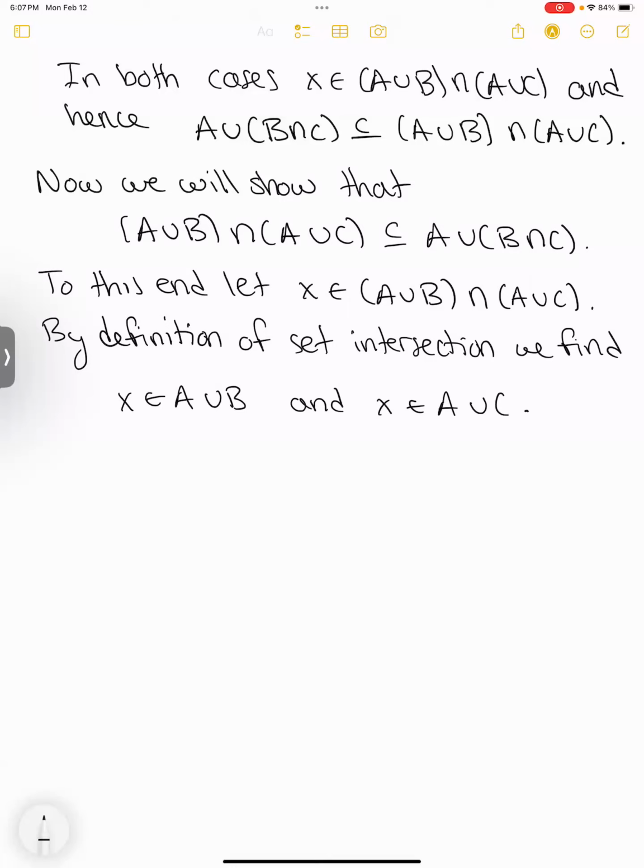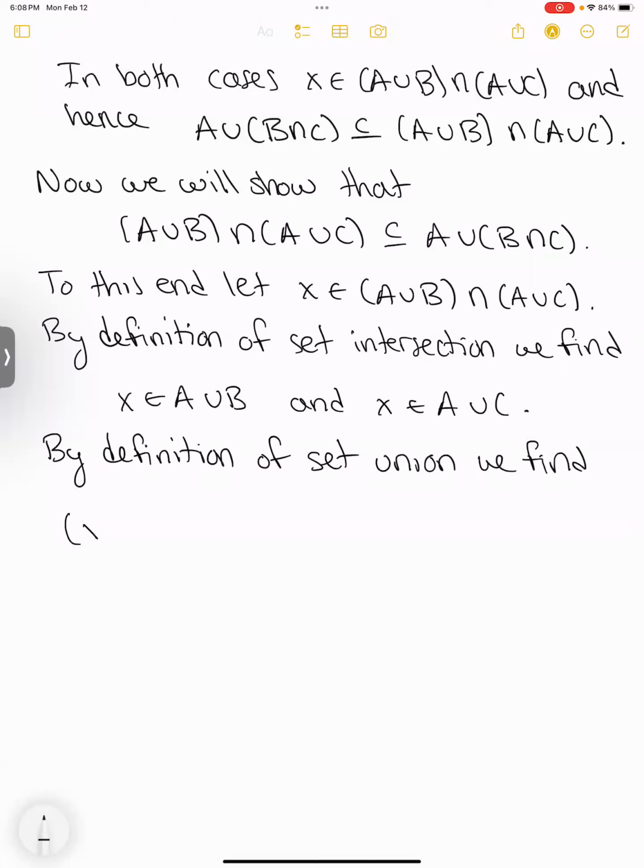Now, by definition of set union, we find that X is in A or X is in B, and X is in A or X is in C.